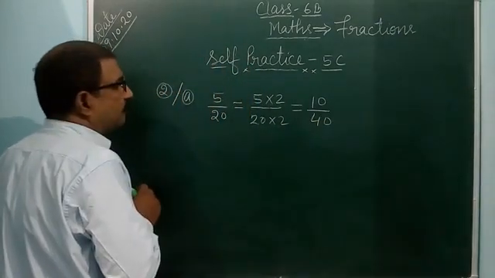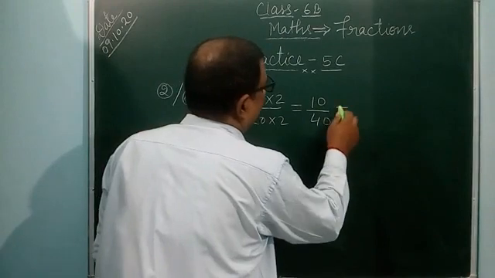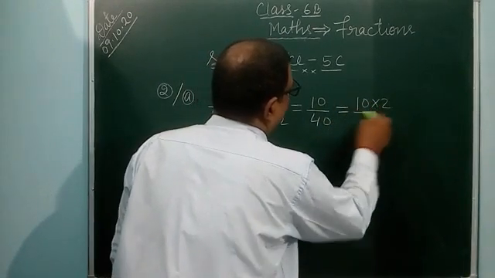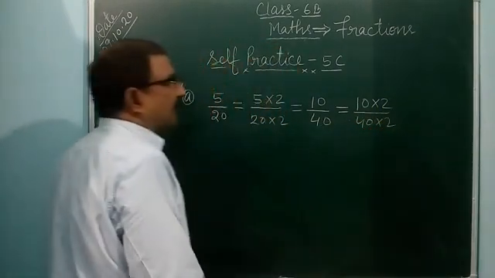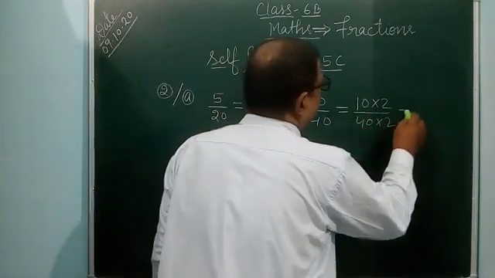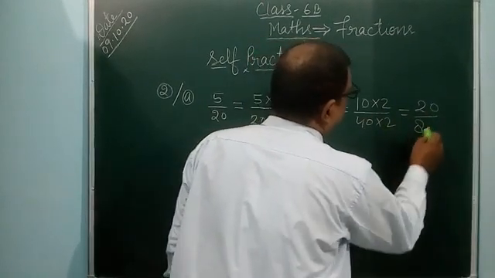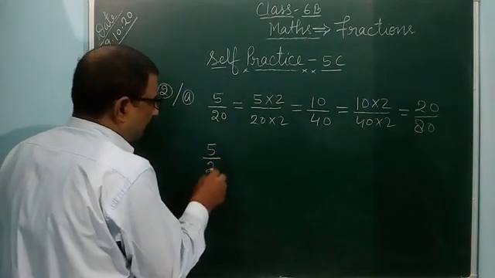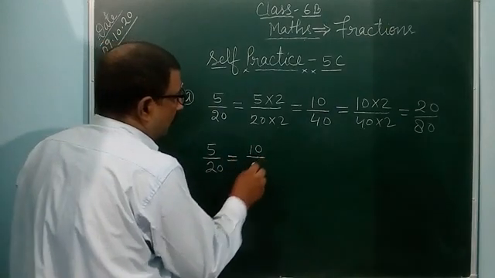After that, again you can multiply by 2, 10 multiply by 2, 40 multiply by 2. By same number you can multiply. You can see 10 to the 20 and 40 to the 80. It means 5 by 20 is equal to 10 by 40.